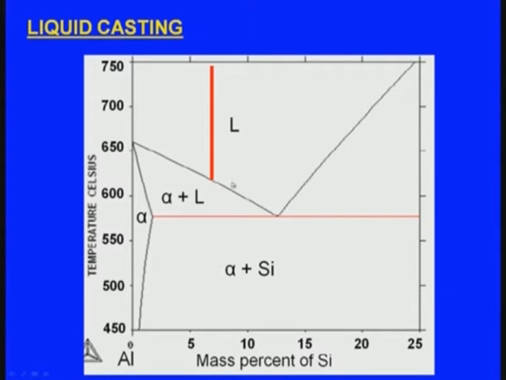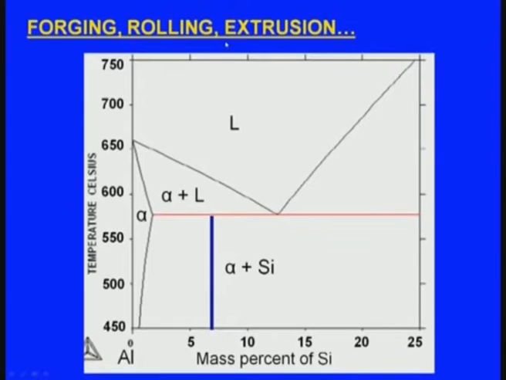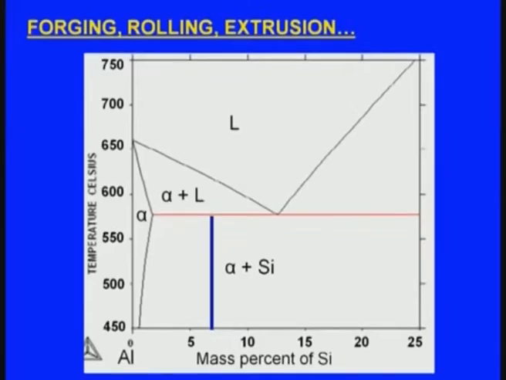So, this is the liquidus temperature. Now, let us see the forging, rolling and extrusion, these forming processes. This is the liquidus temperature. Now, this is the solidus temperature. Here the forging and other forming processes are carried out below the solidus temperature.